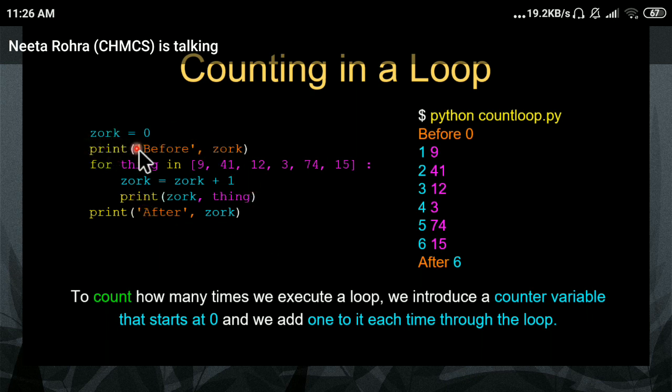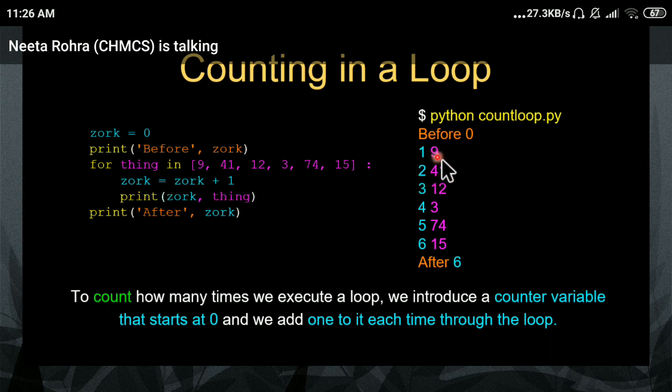Now I have a counter variable, count. I'm initializing it to 0. Initially, before the loop begins, I'm printing the value of that particular variable, which is 0 in our case. For the item in this particular range, I'm printing the iteration number, the count, and I'm printing the value.